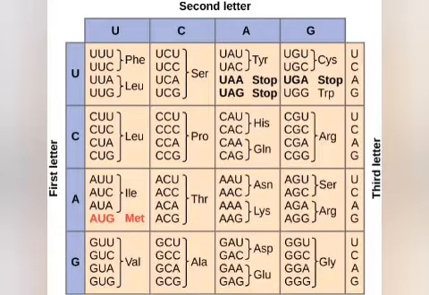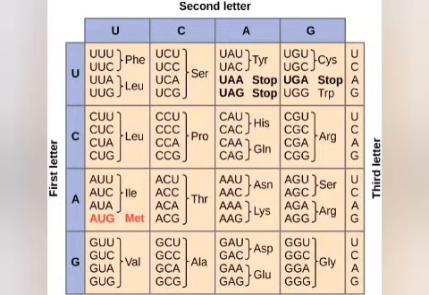The theory holds the existence of a genetic code, and its smallest unit, which codes for one amino acid, is known as a codon. So a codon is the arrangement of the nucleotide sequence in the mRNA which codes for a particular amino acid.